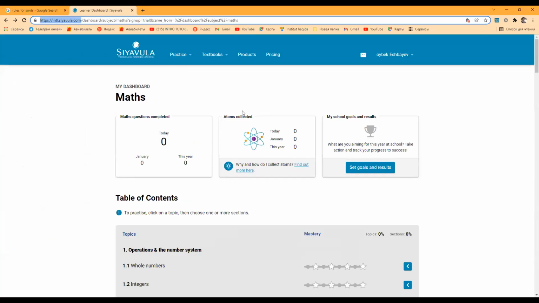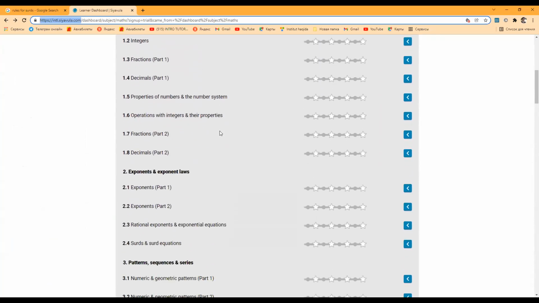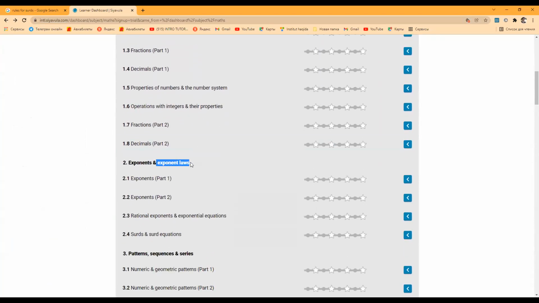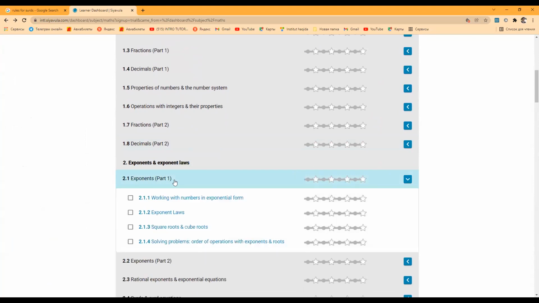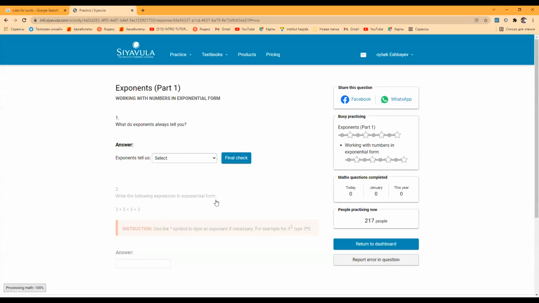Yeah. Here you can see different kinds of topics, exponents, for example exponent laws, square roots, cube roots. You need this kind of problems a lot. What do exponents always tell you?